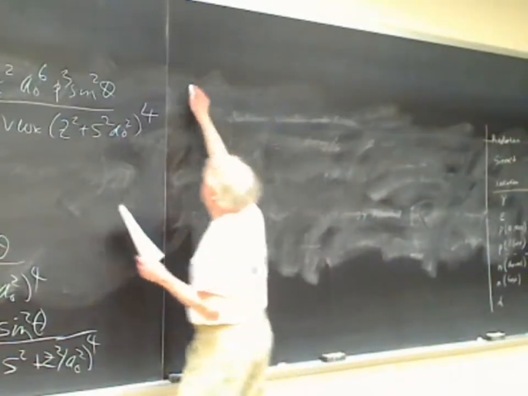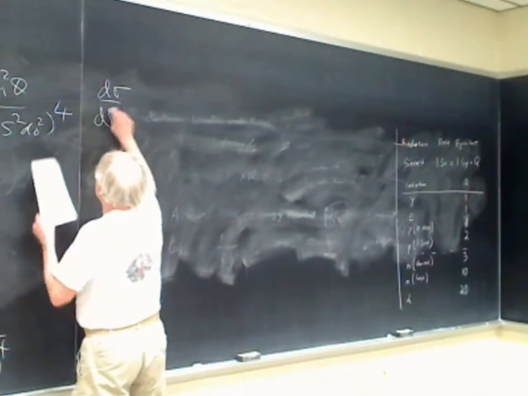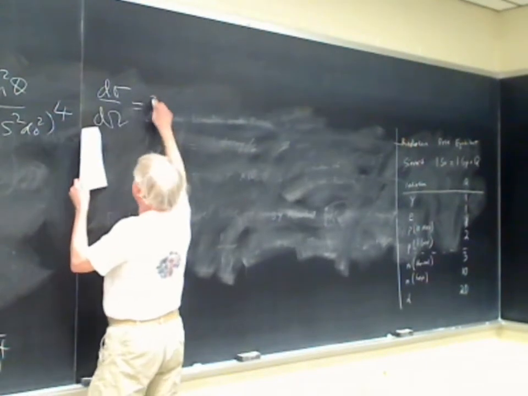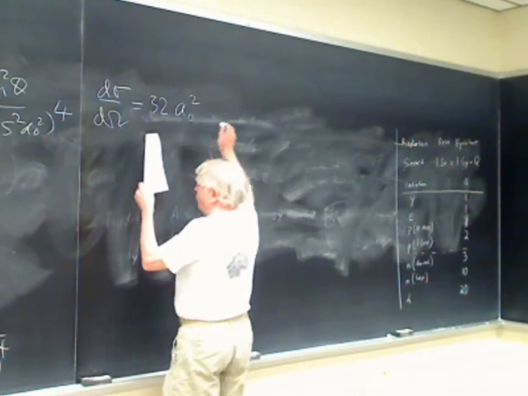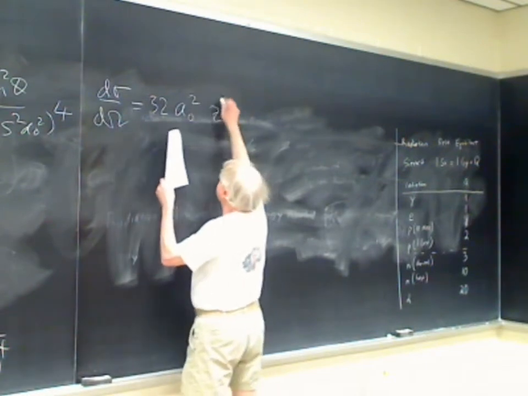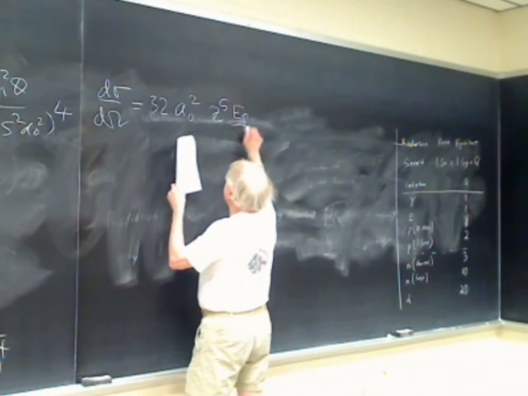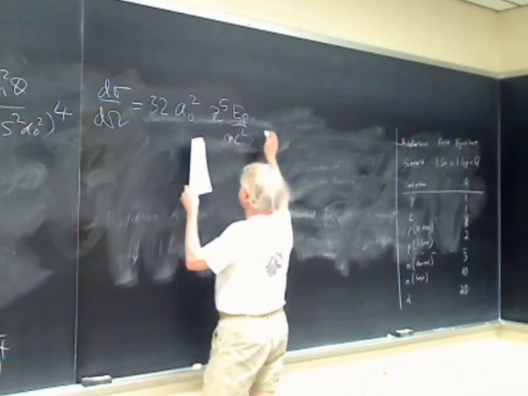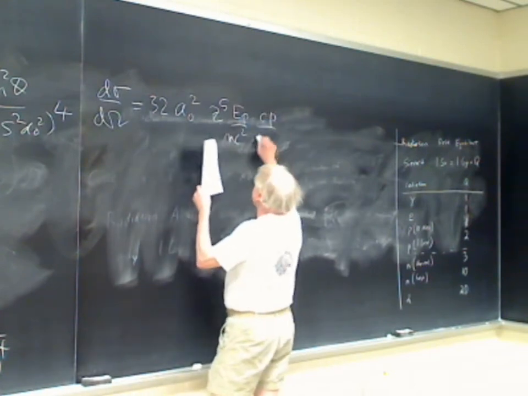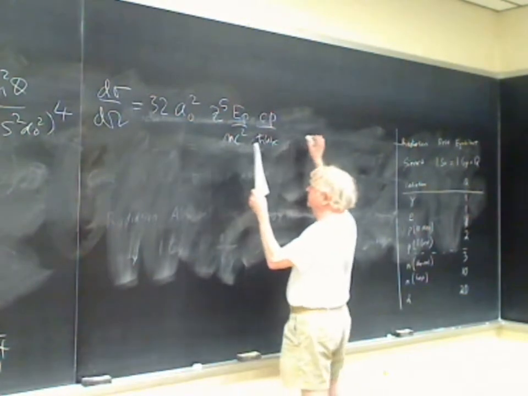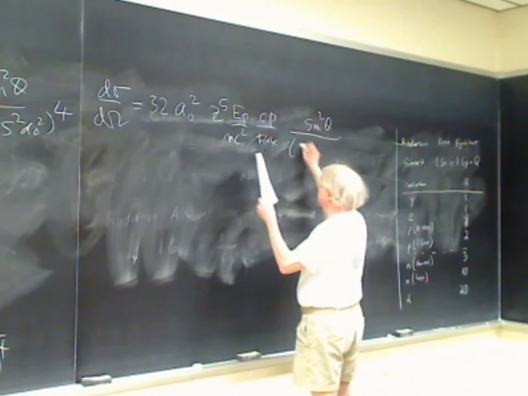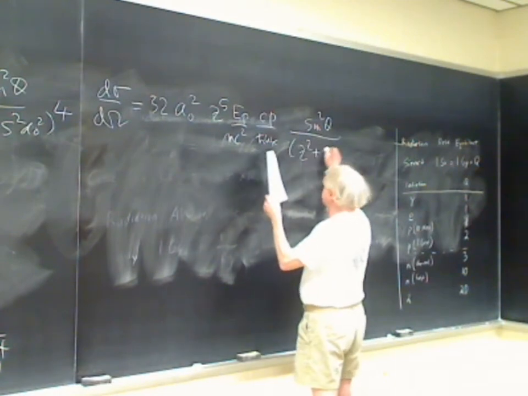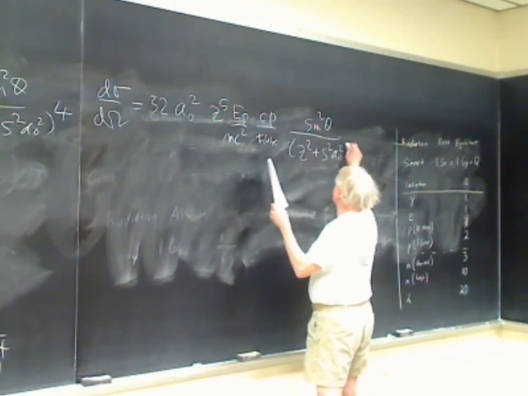So another way of writing it is d sigma d omega is 32 a0 squared, this Bohr radius squared, Z to the 5th, Ep over mc squared, Cp over h bar omega k, sine squared theta over Z squared plus S squared a0 squared to the 4.